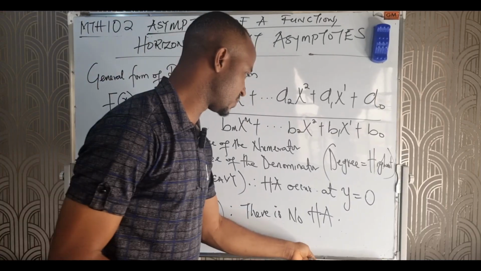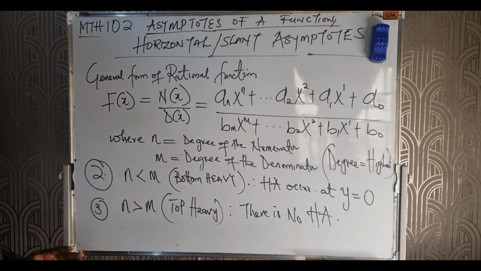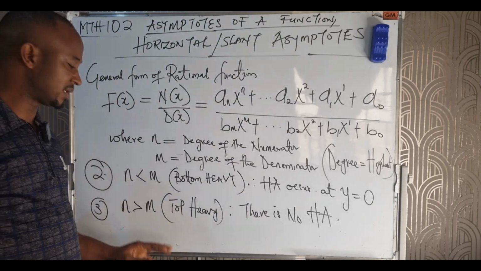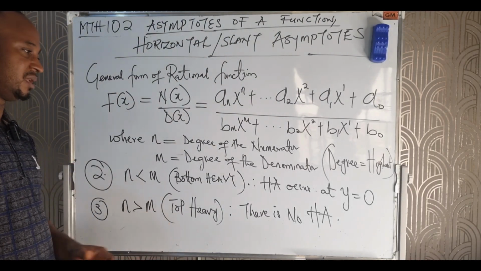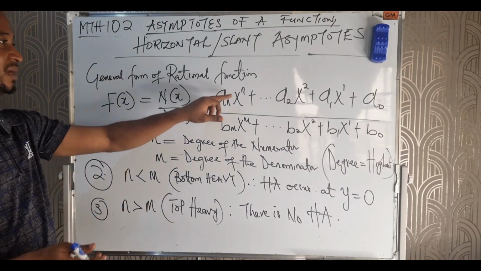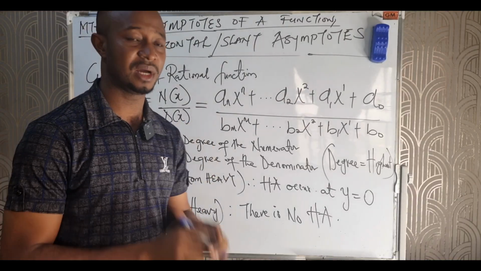If the degree of the numerator exceeds that of the denominator, meaning the rational function is top AV, the power in the numerator is greater than the power in the denominator. So there is no horizontal asymptote.